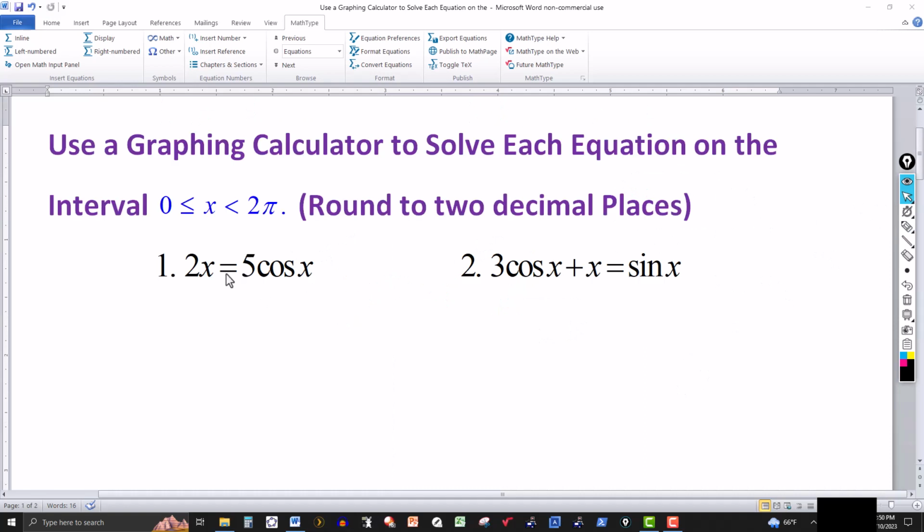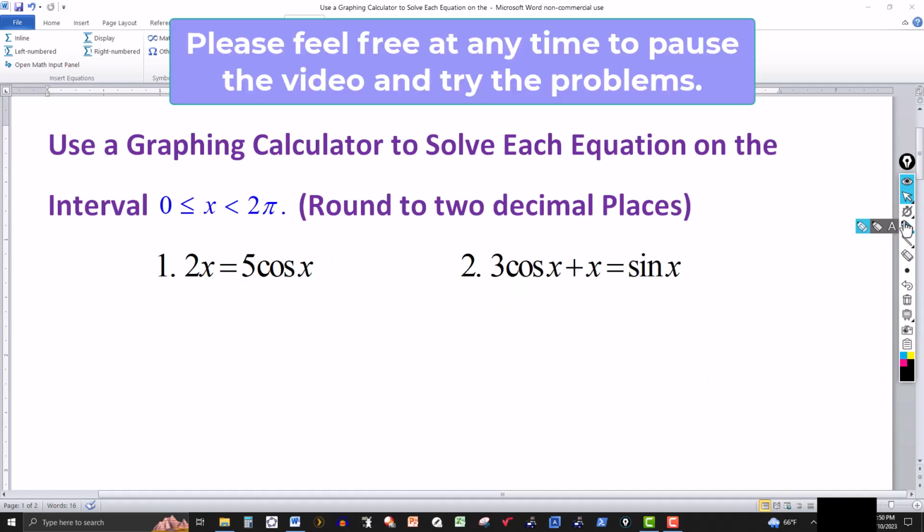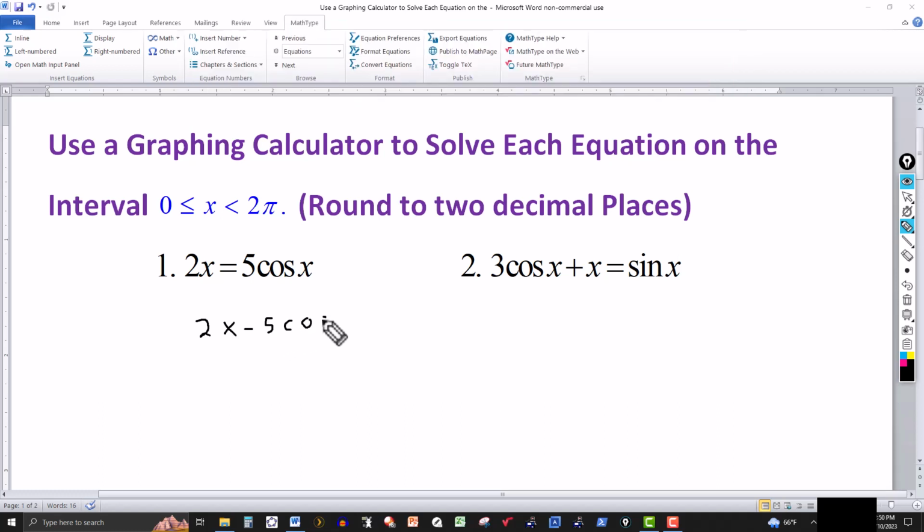I'll get back to this one then. That simply means that to solve this using the graphing calculator, we rewrite this as 2x minus 5 cosine of x equals 0.